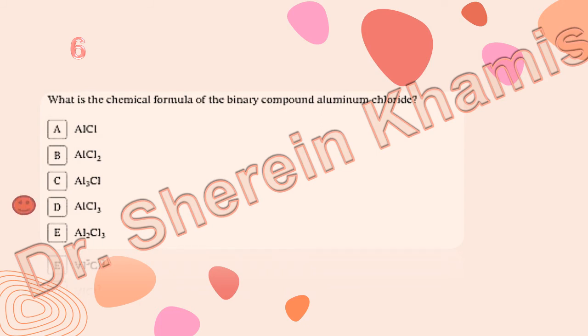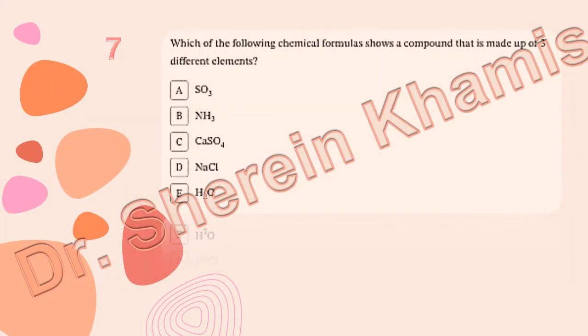Let's go into question 7. Which of the following chemical formulas shows a compound that is made of three different elements? We want to get three different elements. The first one, SO3, has two elements only. NH3 also has two elements only. CaSO4, calcium sulfate, has three elements, so it is the right answer.